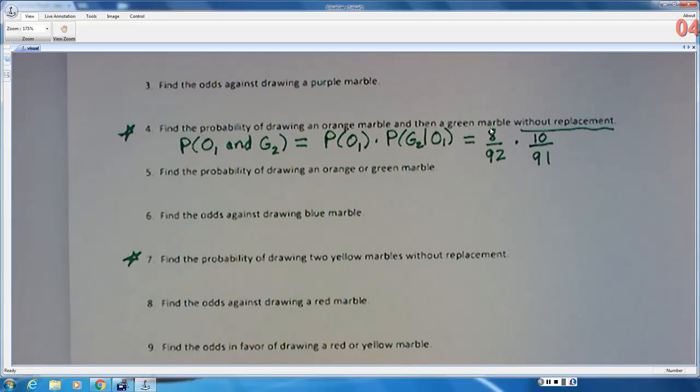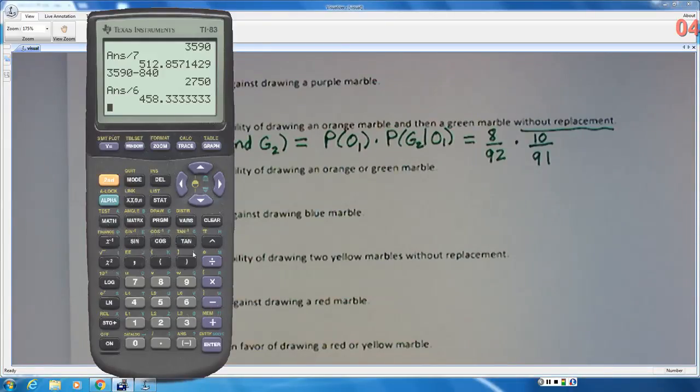And then we can use our calculator to multiply that out. It's the tops times the tops, the bottoms times the bottoms. When you're multiplying fractions, you do not need common denominators. You can do that on your calculator as 8 divided by 92 times 10 divided by 91, enter.